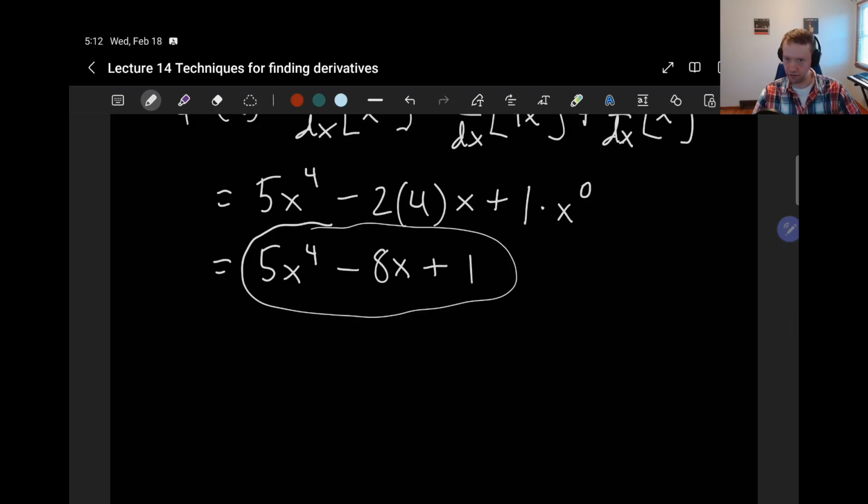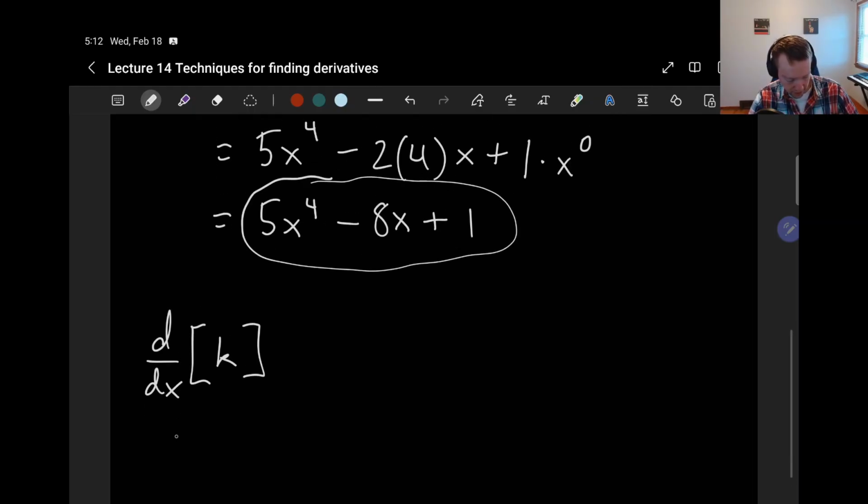Now, another derivative fact, which really follows from power rule, but I just want to highlight it. If you take the derivative of a constant, so when I write d dx like this, I'm saying x is my variable. Notice there is no x in here.